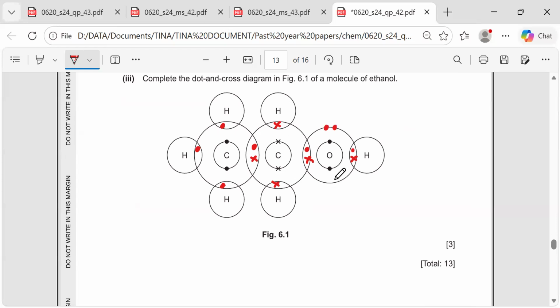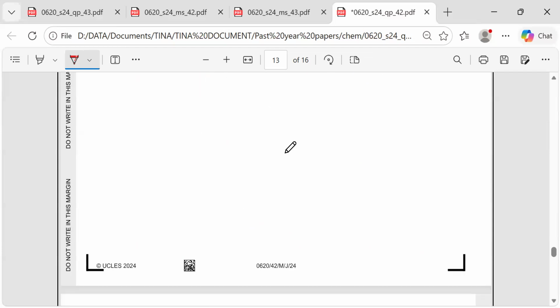Don't forget these two. Teacher, you missed a lot. I haven't finished it. Okay, finish. You missed a lot. Where? Hydrogen half. Oh, up there. Okay, now finish. Do you understand? That's all.